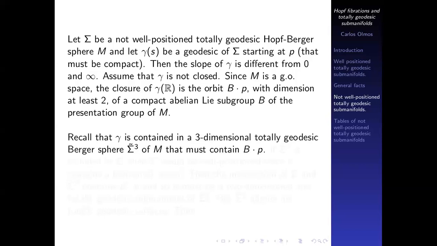Since gamma is contained in a three-dimensional totally geodesic Berger sphere, what we call the double isotropy, the fixed set of the isotropy of a vector is three-dimensional, and this three-dimensional Berger sphere sigma 3 that contains the direction of the geodesic must contain the closure, because sigma 3 is closed and the closure is closed.